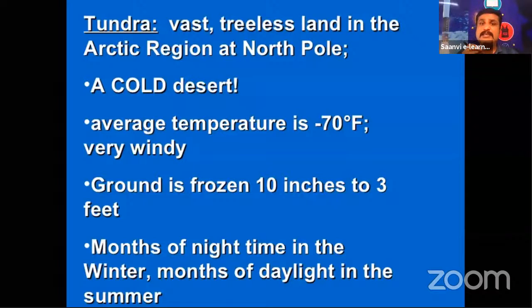Average temperature is minus 70 Fahrenheit, very windy. The ground is frozen 10 inches to 3 feet deep, full of ice. When we walk, we have to walk on the ice. There is a month of night time in the winter and a month of daylight in the summer.